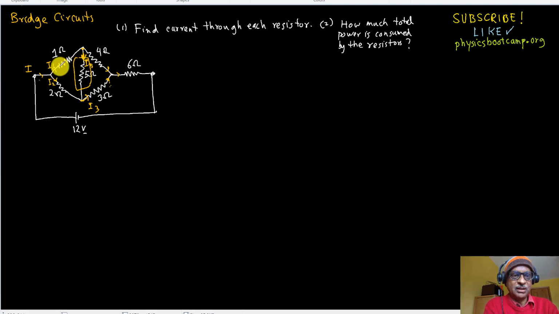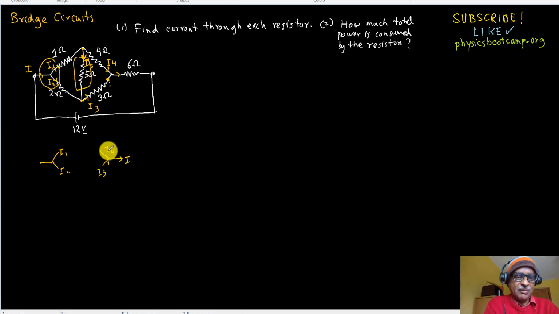So over here, I1 comes in, some of it goes through here and some goes through here. That I'm going to call I4. So you can see over there the split is I1, I2. Over here, the combination is I4, I3.